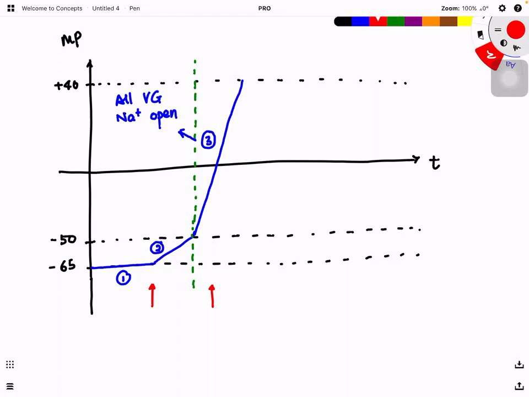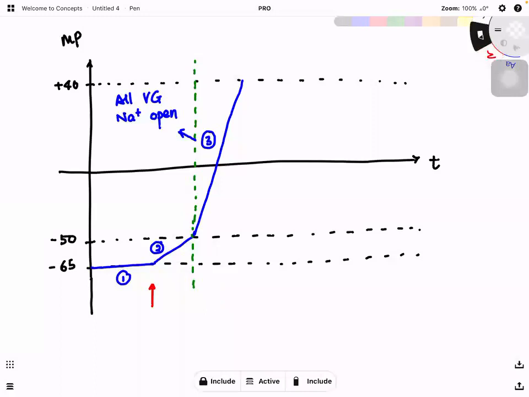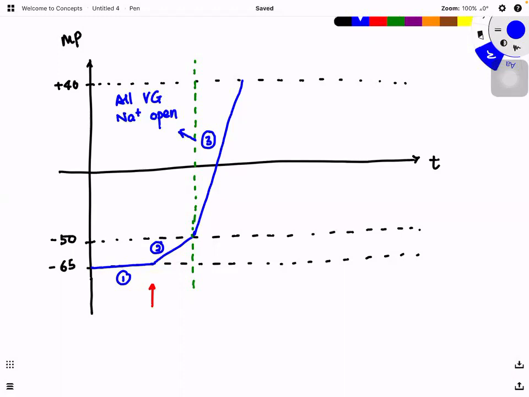After the membrane potential reaches positive 40, all voltage gated sodium ion channels close immediately. Then there is a leak out of potassium through the voltage gated potassium ion channels. So we enter phase number 4.